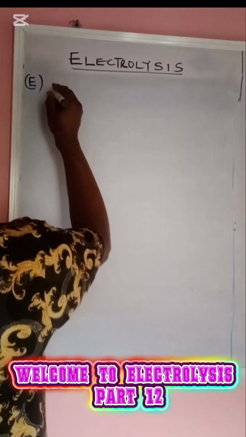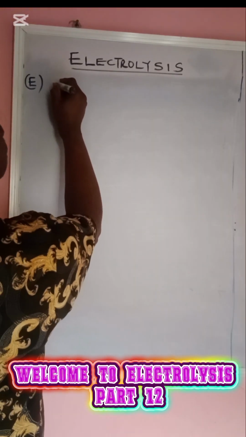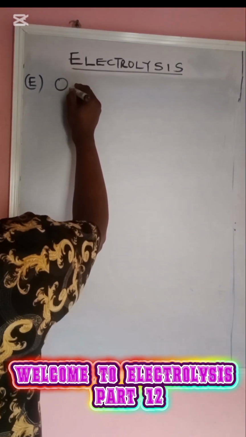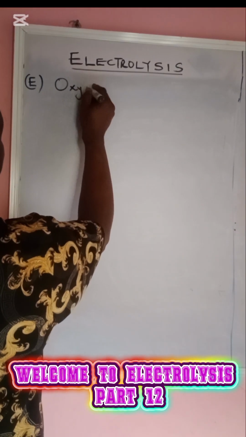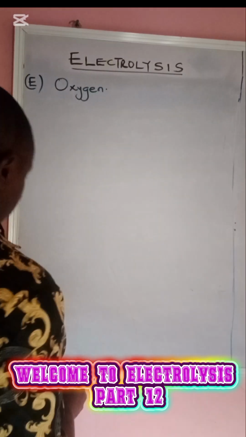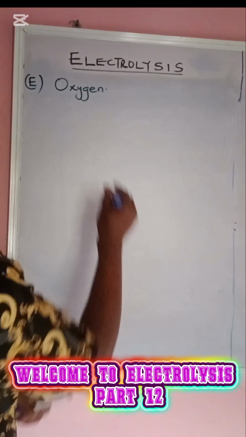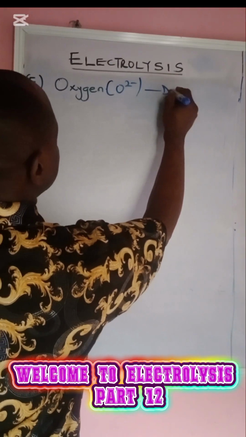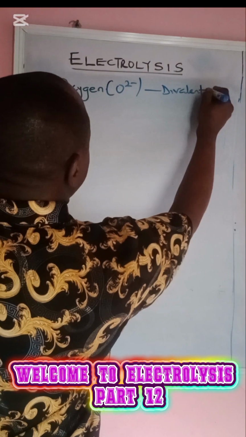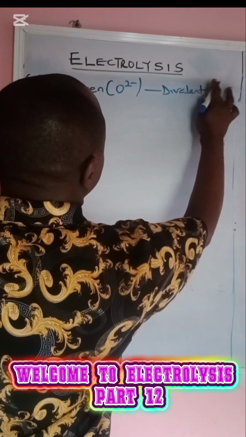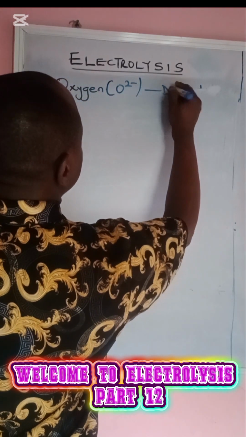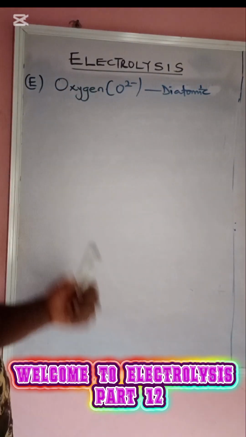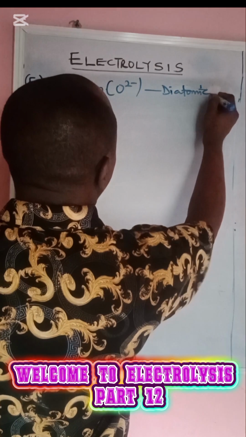Case E. We talk of oxygen. Special example for oxygen. Oxygen is divalent and diatomic, essentially a divalent and diatomic gas.